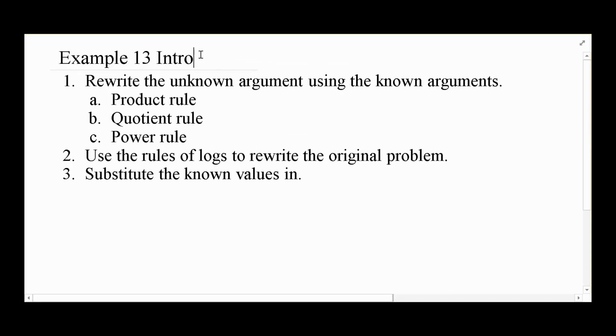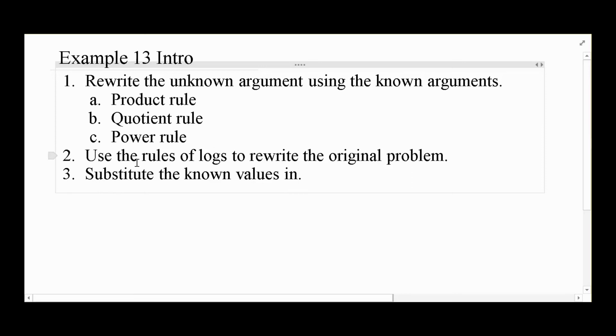So when we're approaching a problem like this, your game plan is going to be to rewrite the unknown argument using the known arguments. And the way you want to rewrite this is think about the 3 rules we have. Product rule, quotient rule, and power rule. You're going to think about how could I rewrite that argument using multiplication, using division, or taking one of my known arguments and raising to a power.